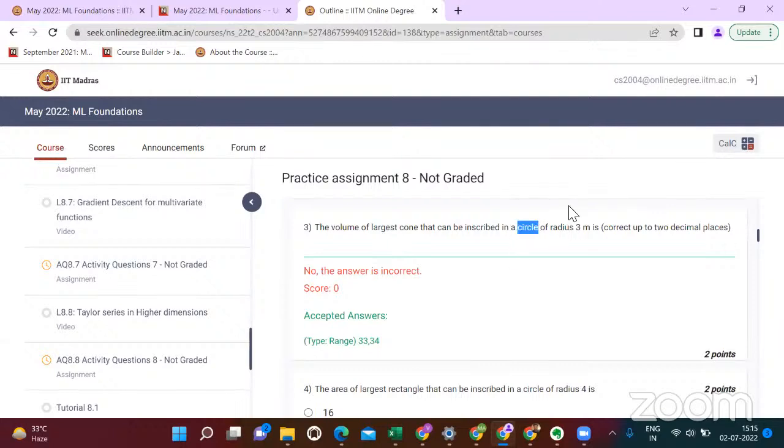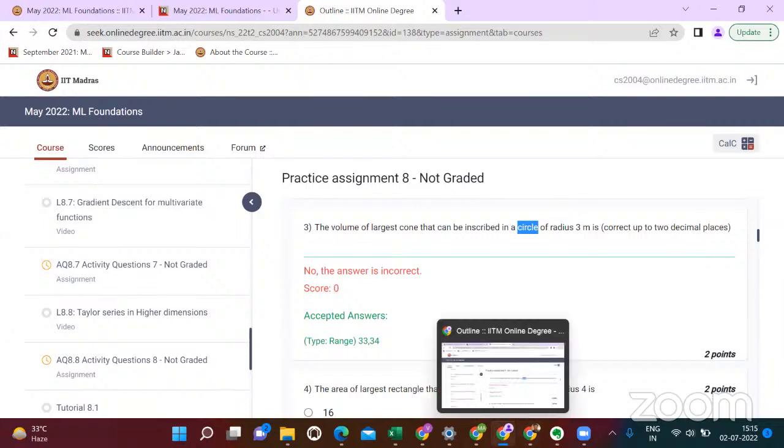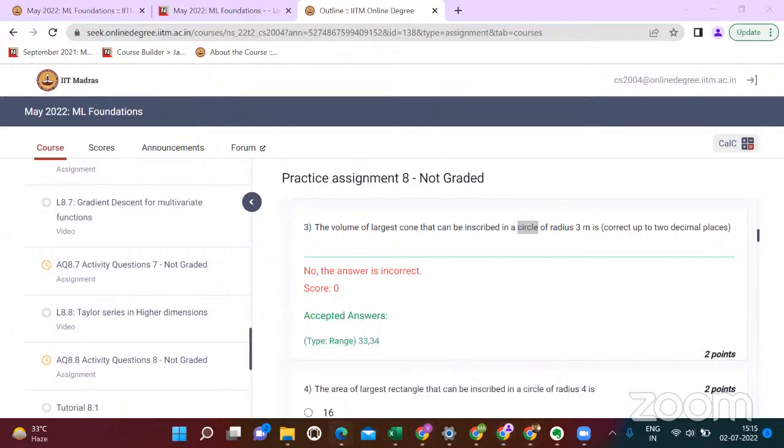Now, if we are solving this, what is the formula for the volume of a cone? 1/3 pi r square h. So this is the cone, right?